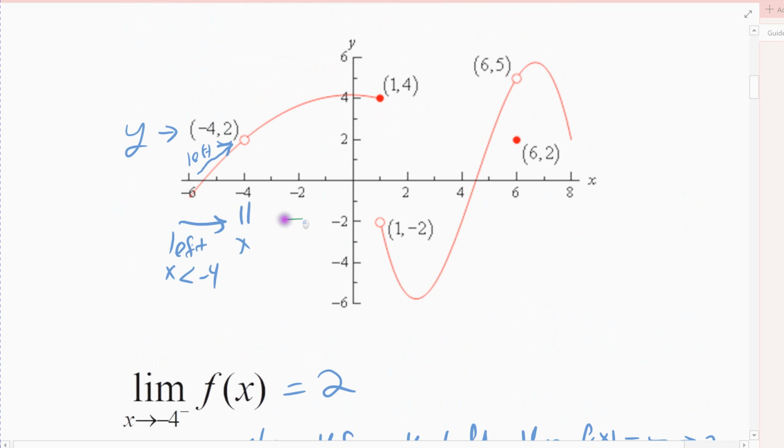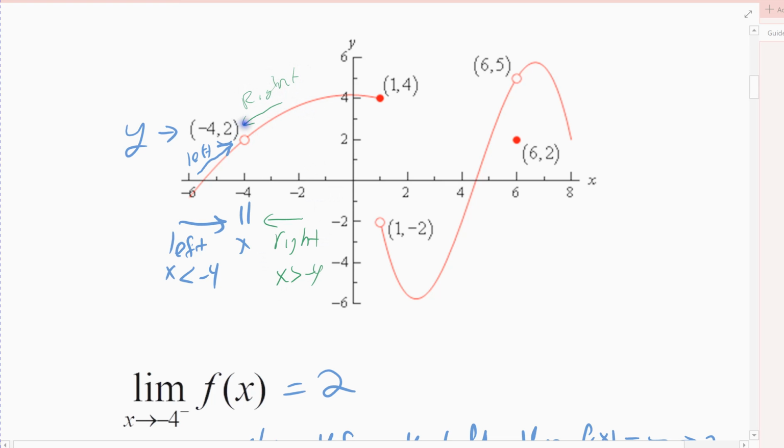Change to green. All right, so I'm on the right side now. Again, remember, approaching means I'm getting closer and closer to -4 from the right. Right would mean my values are bigger than -4, so it'd be -3.9, -3.99, and so on. And how is my function behaving when we do that? Well, then I go up to my function, and I look on the right side now.